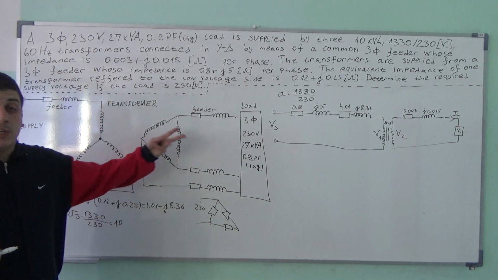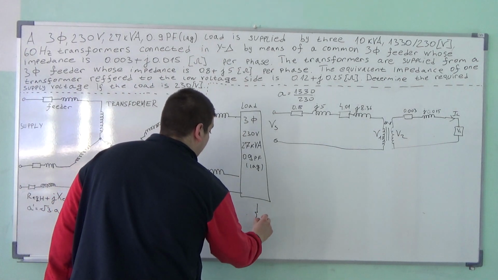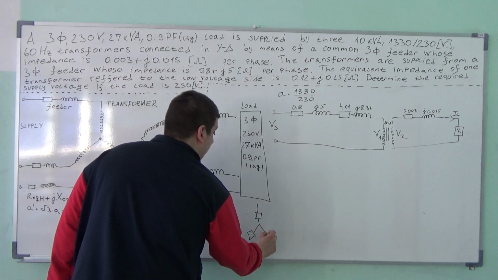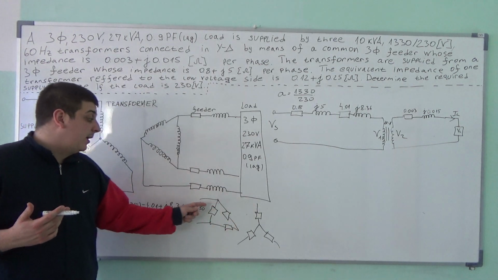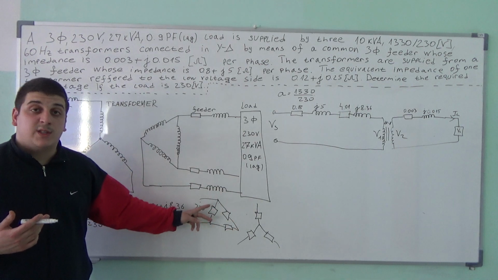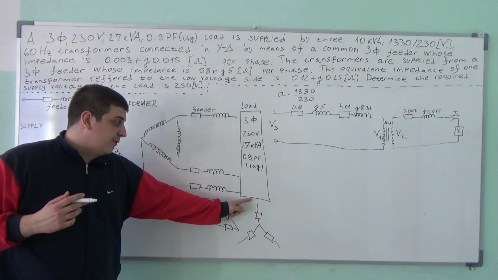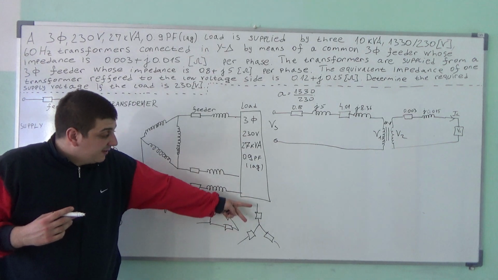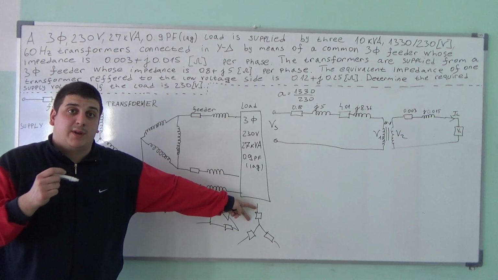So here you have 230 volts. But when we transfer this to a Y connection, in the delta the line and phase voltages are the same, but in the star connection they are not. The line voltage from here to here is 230 volts, but the phase voltage here is 230 divided by square root of 3.